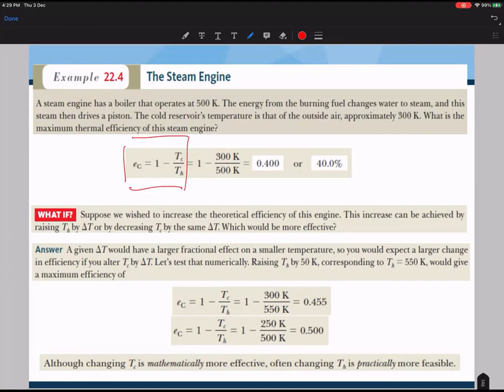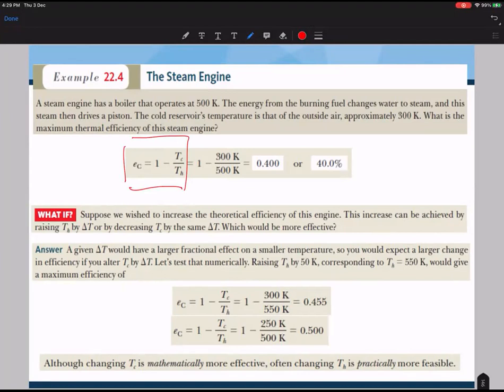So the maximum possible efficiency is 40%, which is limited by the temperature of the cold reservoir and the temperature of the hot reservoir.